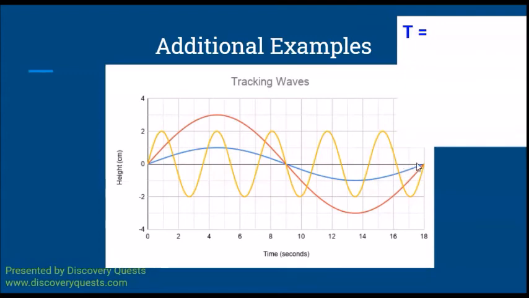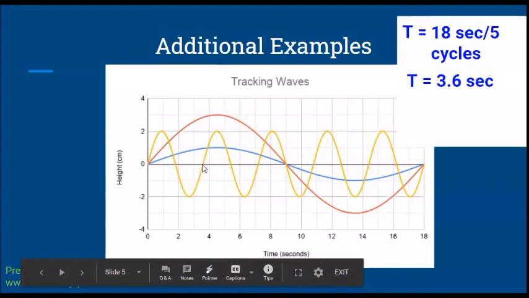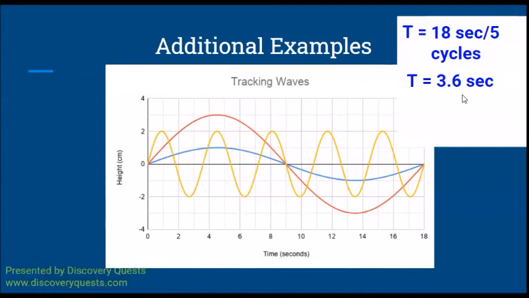So I can calculate the period of one cycle by doing the calculation 18 seconds for every 5 cycles. I divide 18 by 5, and I get a period then of 3.6 seconds. All right? Which corresponds with our initial estimate, which was about 3.5 seconds, right? One full period is 3.6 seconds.